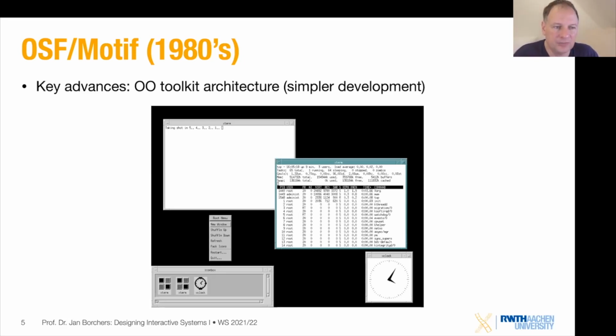And so Motif was one version of an object-oriented toolkit architecture on top of X and Unix. So you got a Unix underpinning, again a textual operating system, kind of like DOS on the Windows side. And then you got X Windows running on top of that. You literally launch X with a command line command or in a startup shell script to make it run.